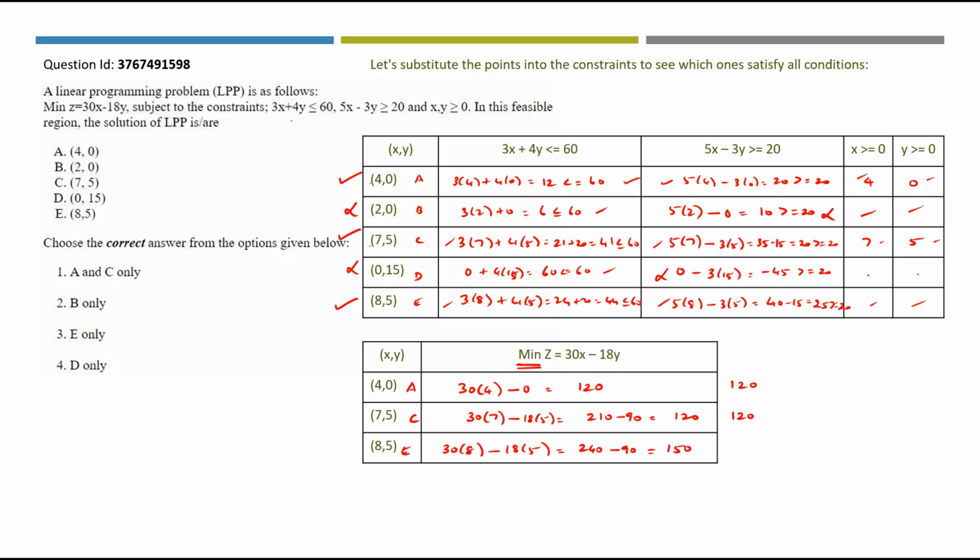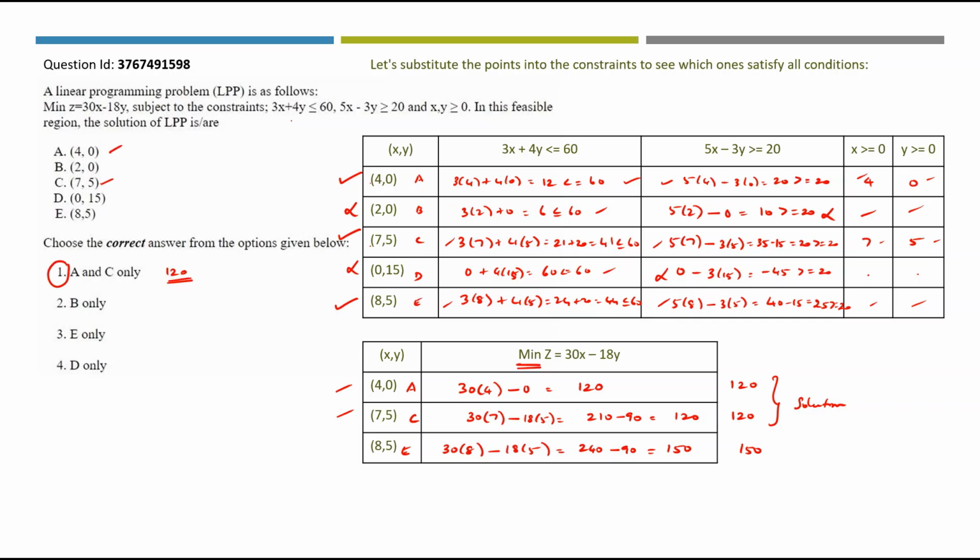It is 150. If they would have asked you for maximization, 150 should have been chosen. But since they have asked minimization, these two values will be taken as the solution. So which two points are the solution of this particular LPP? A and C. Option number 1, A and C only will be the right answer.